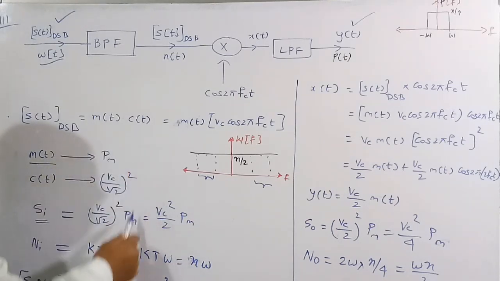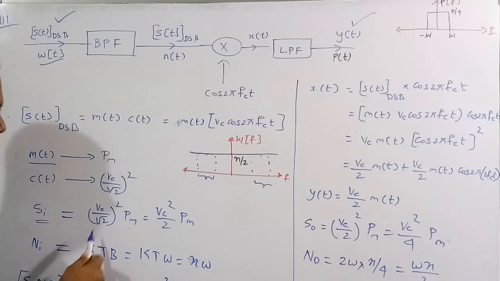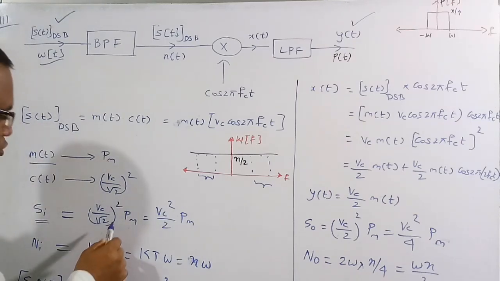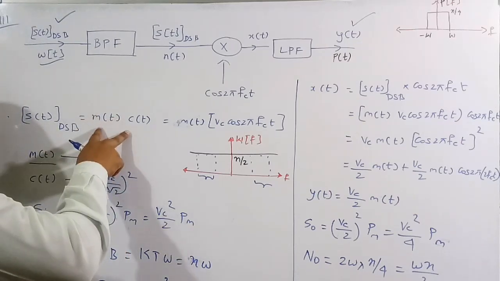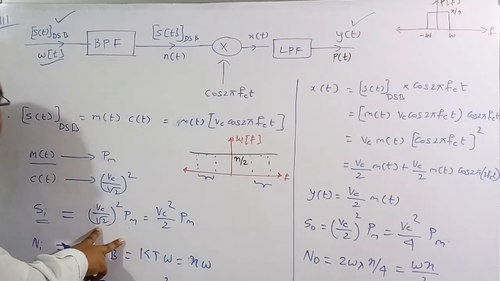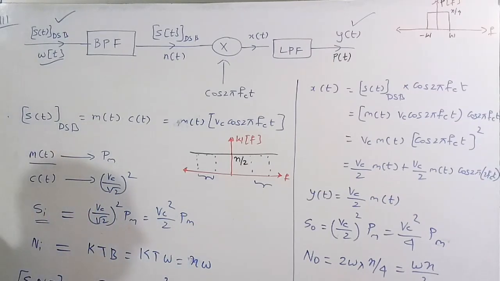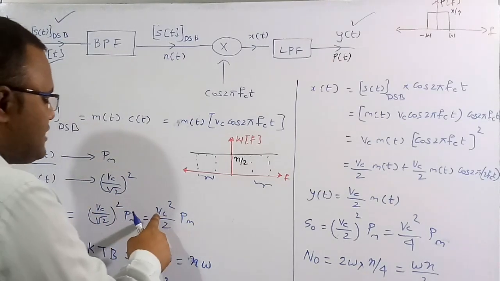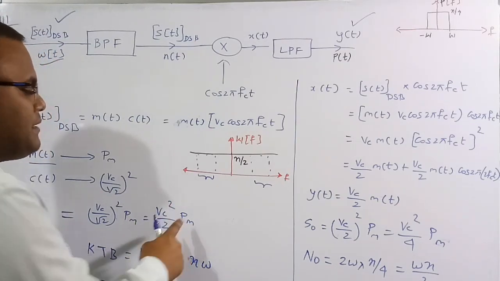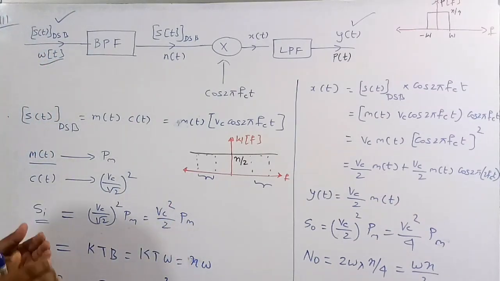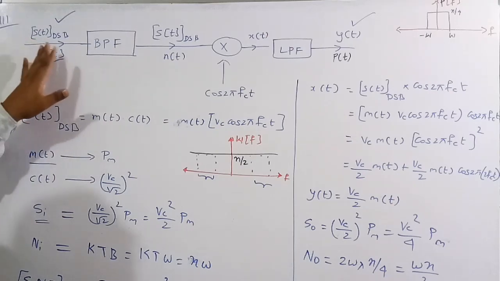M of t has power Pm and C of t has power Vc by root 2 whole square. Since the signals are multiplied, the individual powers are also multiplied to get the signal power. So if you do this calculation, we get Vc square by 2 into Pm. So we have figured out the amount of power present in S of t DSB.